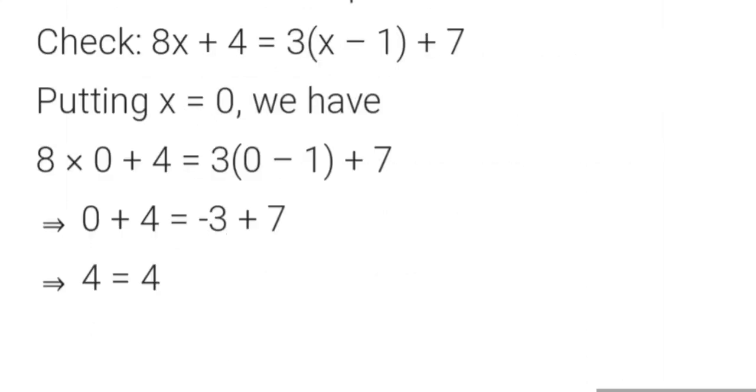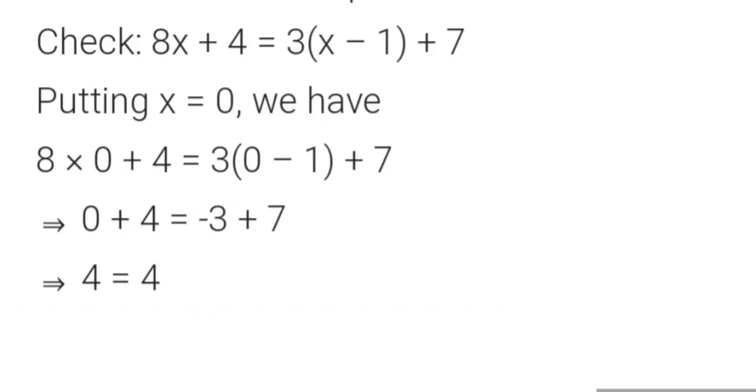Now let's check also. First, the value of x we will write on the left hand side. So 8x plus 4 means 8 into 0 plus 4. So it will come what? 0 plus 4 means 4. And right hand side, in place of x again write 0.